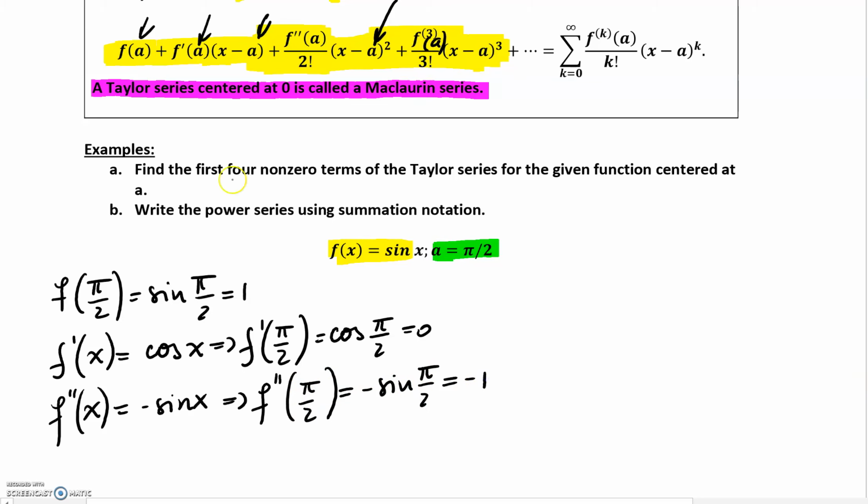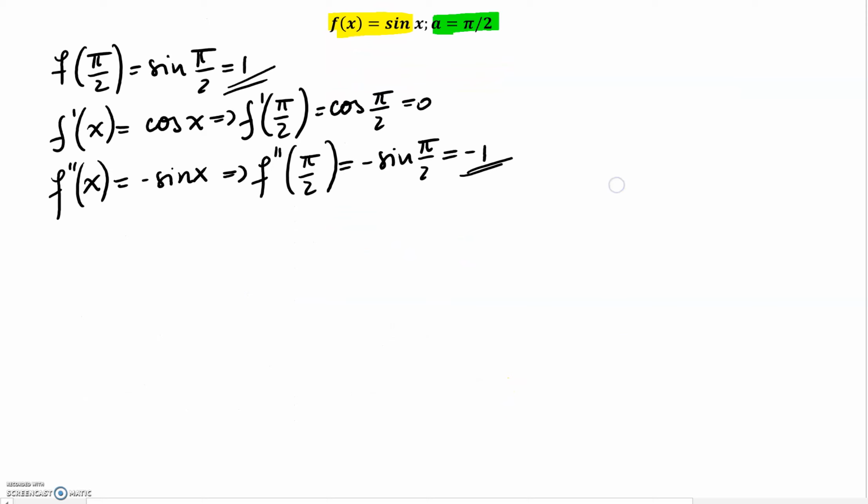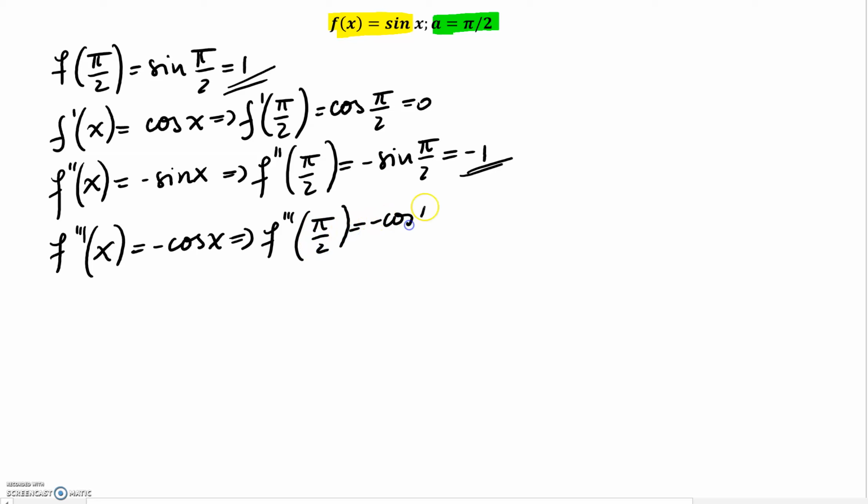We want the first 4 non-zero terms, so I have two terms, so I have to do a few more derivatives. The third derivative of f is negative cosine of x, so f triple prime of pi over 2 is equal to negative cosine of pi over 2, which is 0.